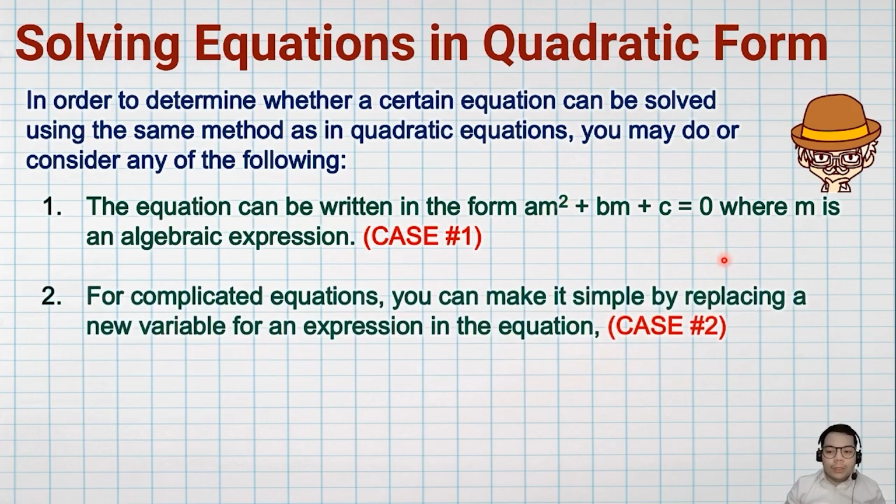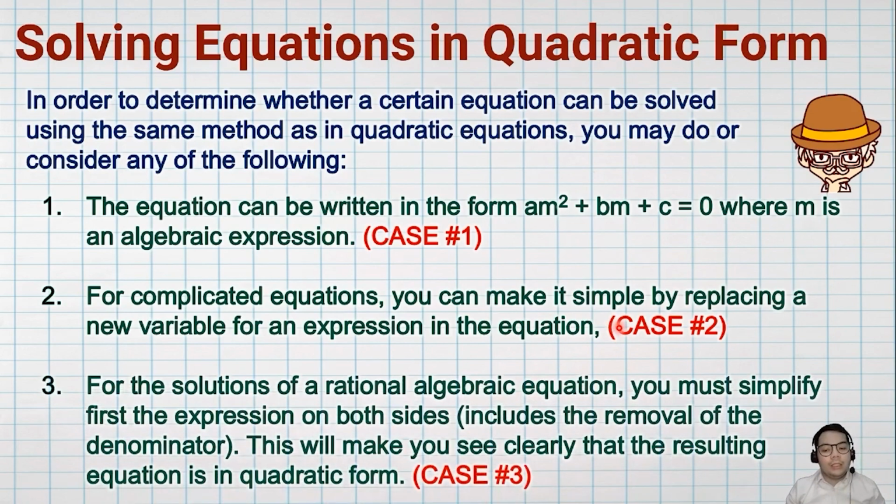Next, for complicated equations, you can make it simple by replacing an expression in the equation with a new variable. So, this is our case 2, which is the same thing that we will do in the first case, but this one, case 2, is a little more complicated. And the third one is considering the solutions of a rational algebraic equation.